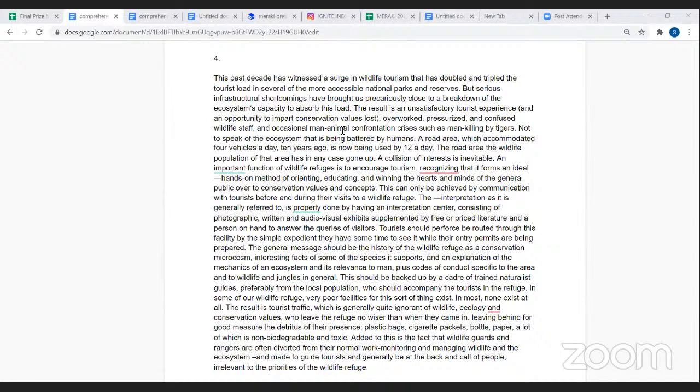And what is microcosm? Microcosm is like an ecosystem on a smaller level. You understand ecosystem, right? Yes, ma'am.